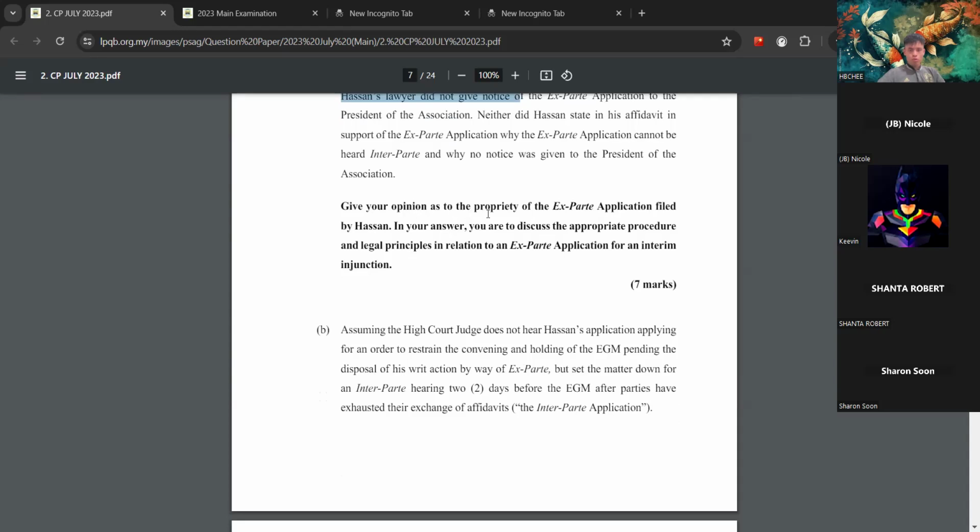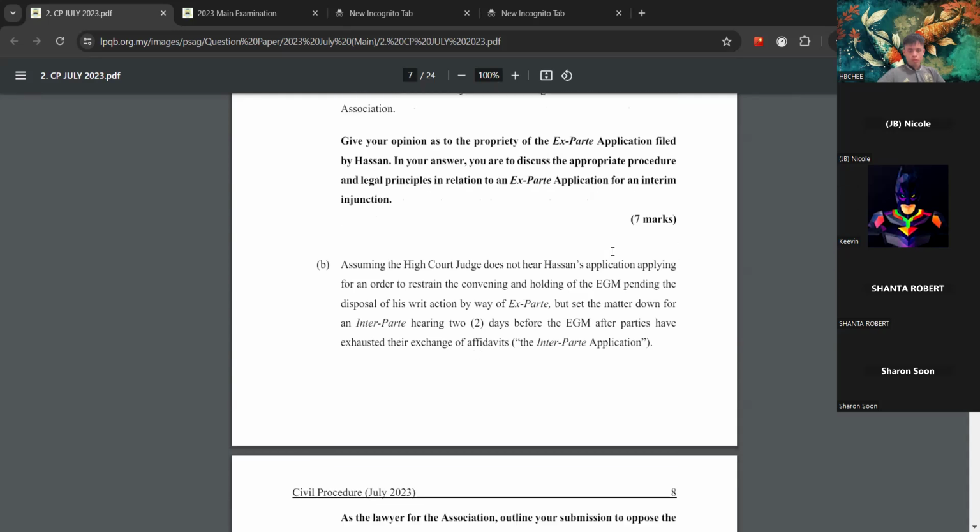Give your opinion as to the propriety of the ex parte application filed by Hassan. In your answer, discuss the appropriate procedure and the legal principle in relation to the ex parte application for an interim injunction. So, what are your answers?